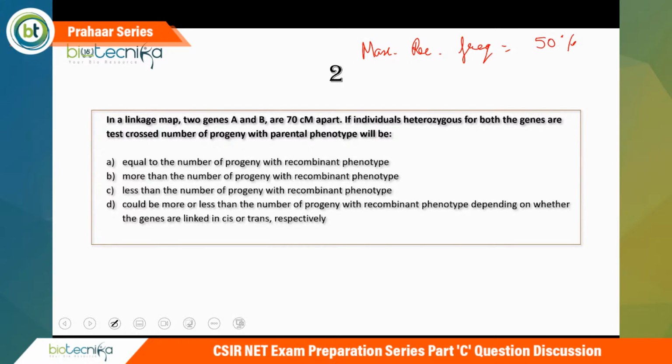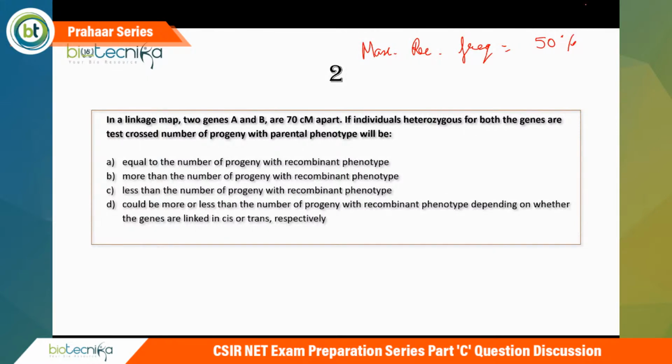Once it becomes 50%, the genes are becoming independent, like the genes we see in Mendelian crosses. In a Mendelian cross we also get 50% recombinants and 50% non-recombinant parental, and that is independent assortment. So the maximum recombination frequency that we can calculate by this linkage map is 50%.